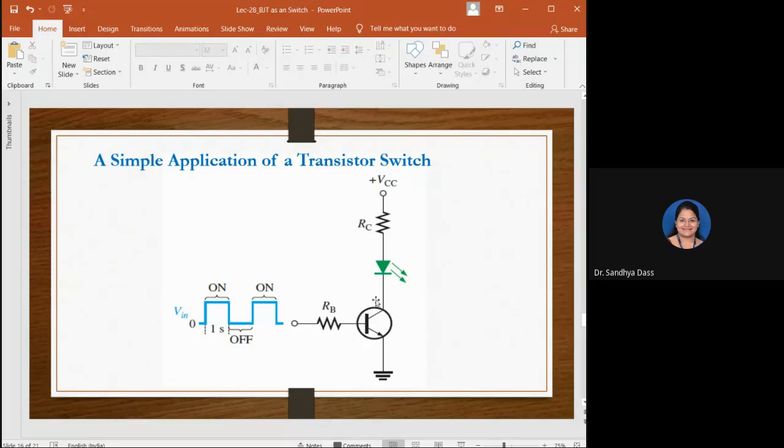That is the application of the transistor, and you are now familiar with how the transistor can be used as a switch. This is a simple and the best example to understand the transistor used as a switch. For that, obviously you should know all the conditions for the transistor to operate in cutoff region and in saturation region. What are the conditions required there?